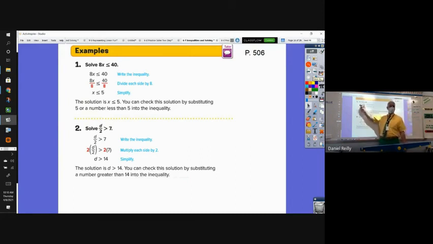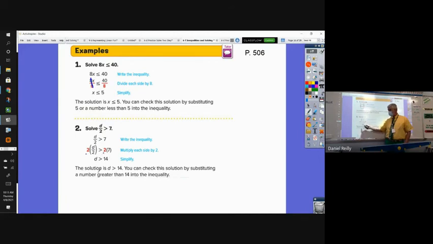I undo multiplication by dividing both sides by 8, and I get x is less than or equal to 5, because 8 divided by 8 equals 1, and so 1x is less than or equal to 5. If it's division that I have to undo because the variable is being divided by a number, I undo that by multiplying both sides.